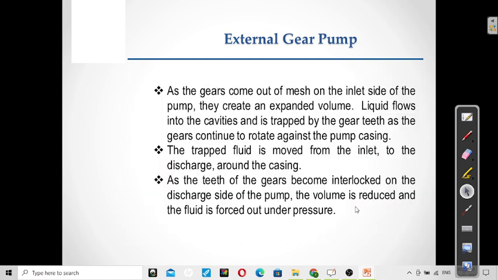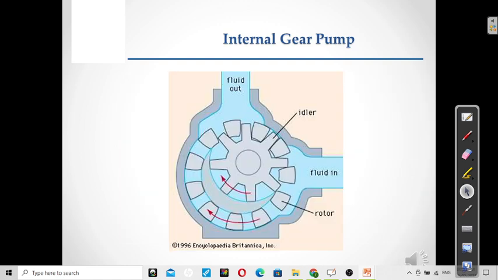Then we will see about the internal gear pump. See, the internal gear pump has the gear inside. In the external gear pump, the two gears are connected externally, but here it is connected internally with the idler, and the outer gearing is called the rotor.